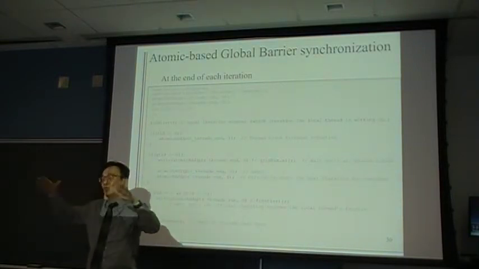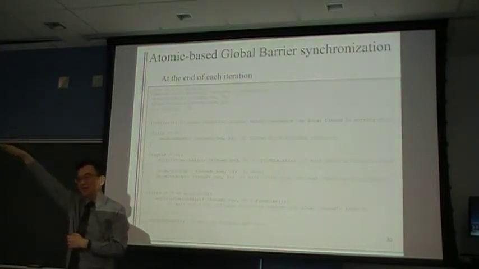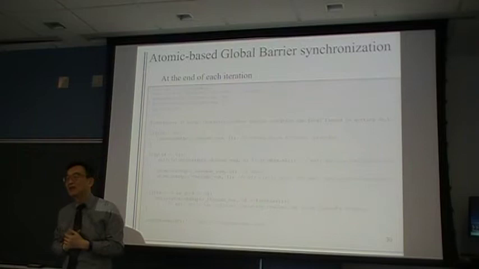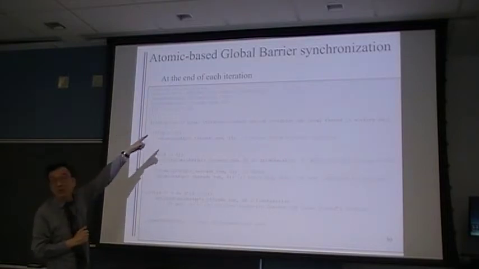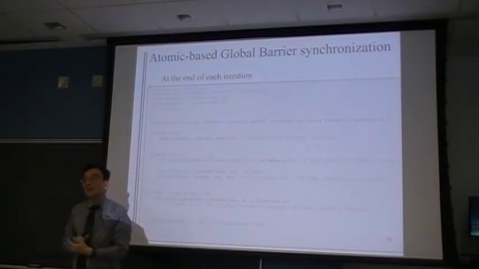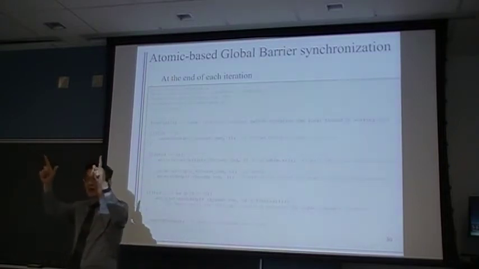Before you go into the first iteration, you also need to have a global thread representative set it to 0. So at the top of this code, you only need the global one to do the atomic operations. Yeah, that thing should be the global only one. Okay. Anything else? Very good.